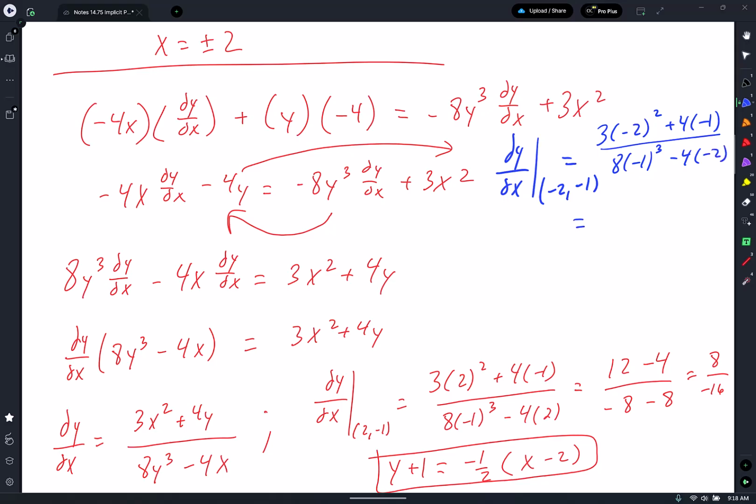Oh, this is going to be a vertical line. Negative 2 squared is 4. 4 times 3 is 12. 12 minus 4, over negative 8 plus 8. Undefined.